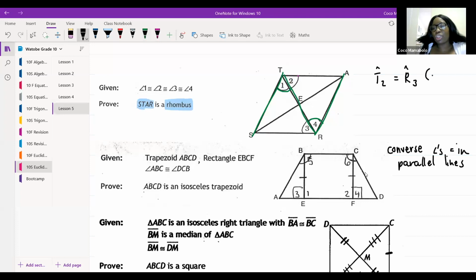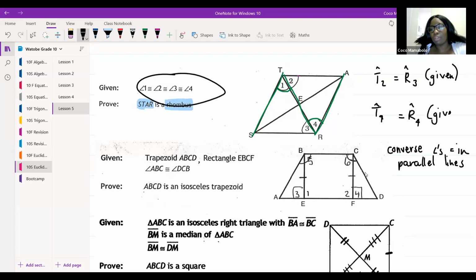All of this information has been given to us, guys. T1 is equal to R4. Here it is, R4. This is also given information. Now, because they've told us that these two angles are equal to each other, then we can say which two lines are parallel. Yes, yes, we should, Alicia.